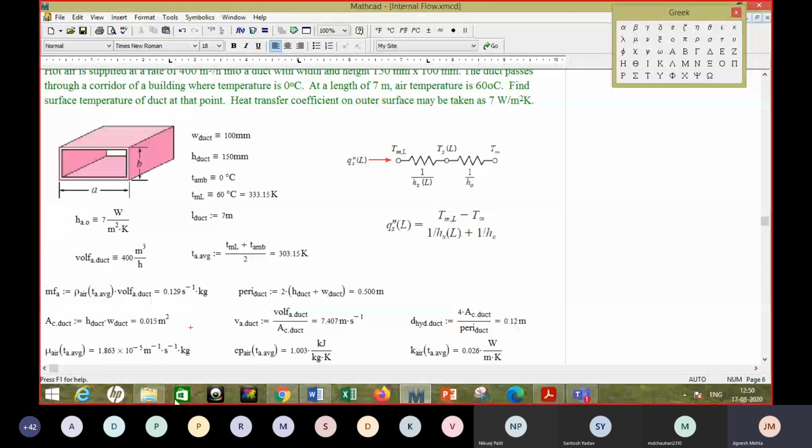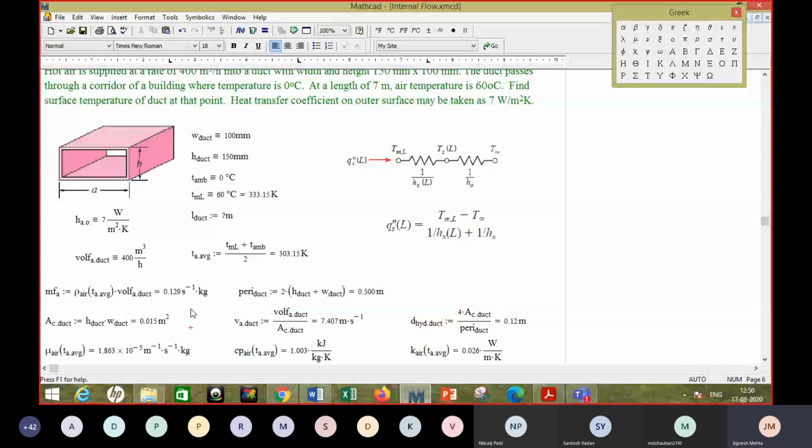So that's the hydraulic diameter, and the other properties are picked up from the properties of air: dynamic viscosity, Cp and k. Now using these values, find the Reynolds number for this case, for air, the internal flow, and check whether it is laminar flow or turbulent flow.